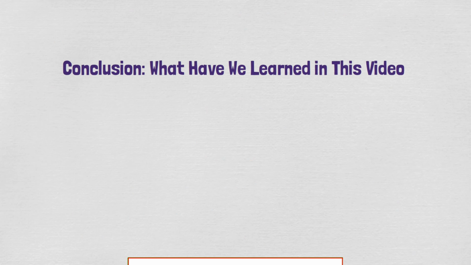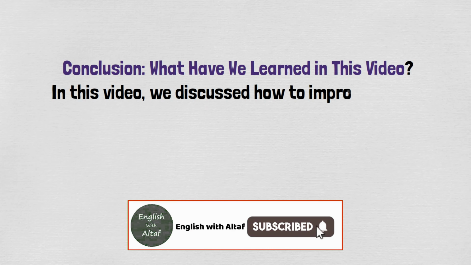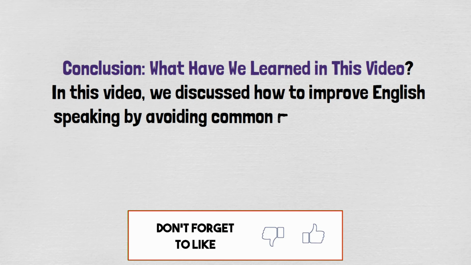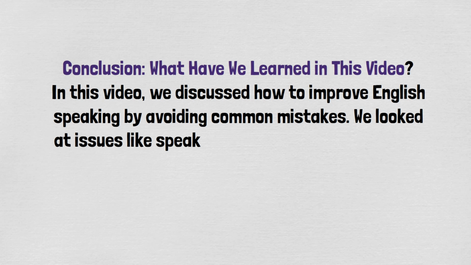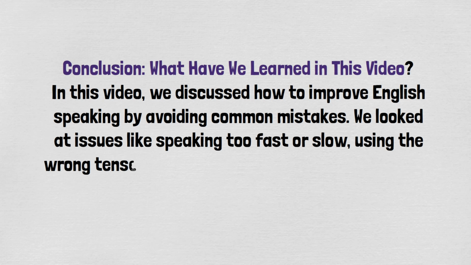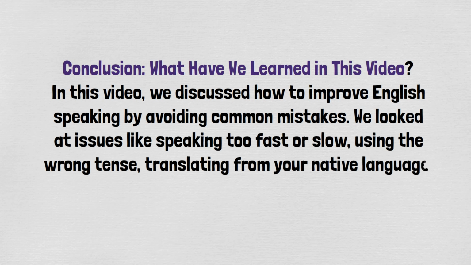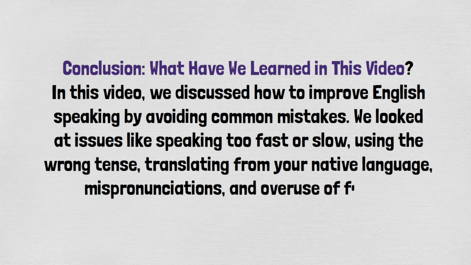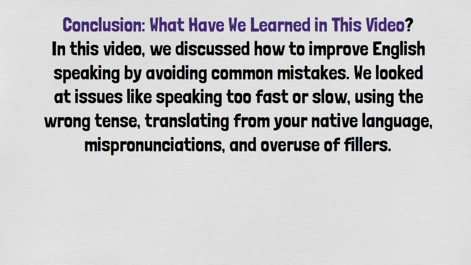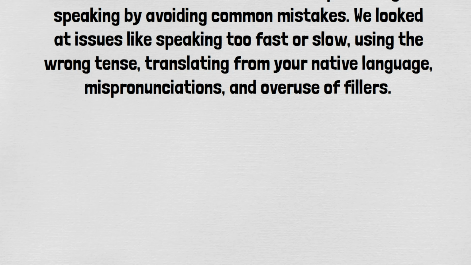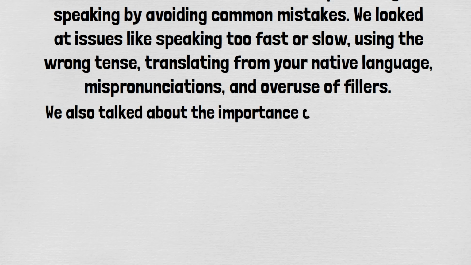Conclusion. What have we learned in this video? In this video, we discussed how to improve English speaking by avoiding common mistakes. We looked at issues like speaking too fast or slow, using the wrong tense, translating from your native language, mispronunciations, and overuse of fillers.